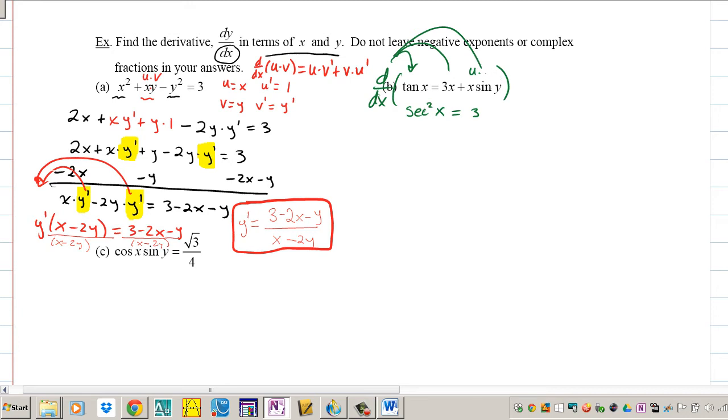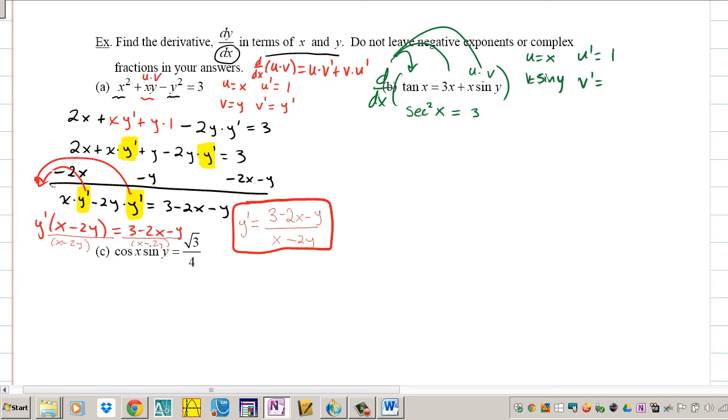U is x, v is sine y. U prime is 1, v prime, well, let's do the chain rule.